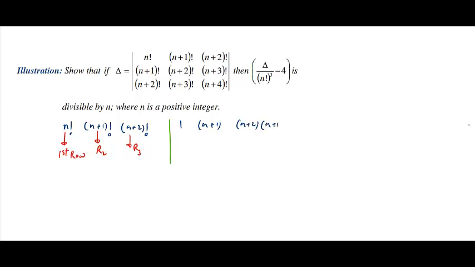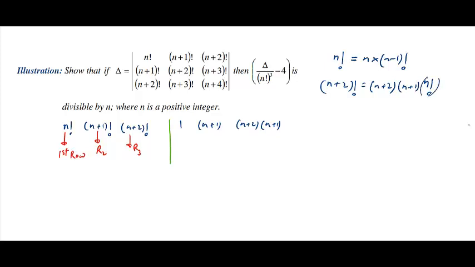Now look at this property carefully. We know that n factorial can be written as n into n minus 1 factorial. We can write n factorial in this form, right? Similarly, you can write n plus 2 factorial as n plus 2 times n plus 1 times n factorial.